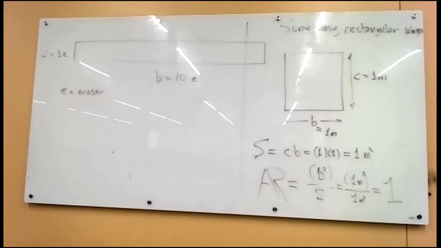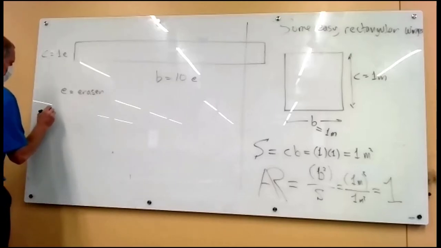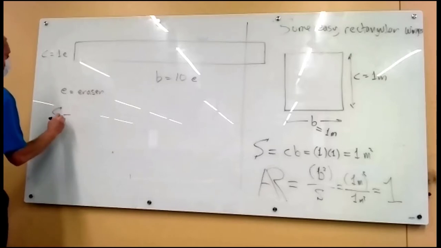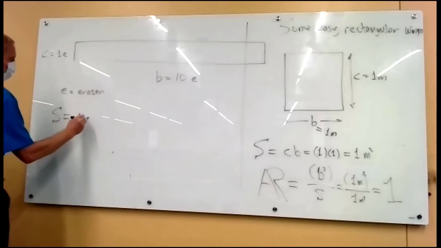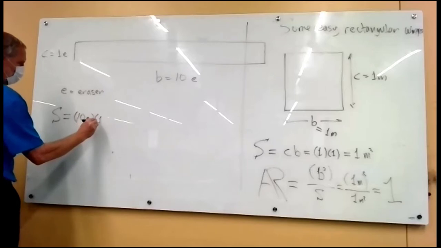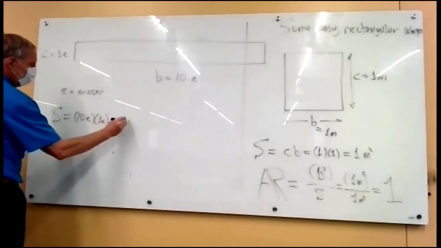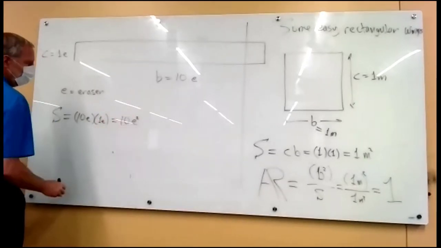So does that look like it's pretty long and thin? Kind of looks like almost a 2x4, right? Okay, so let's calculate the aspect ratio for that. So the wing area is still a rectangle, so it's 10 erasers squared.